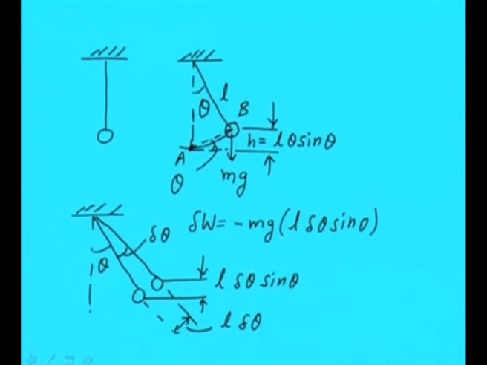Another term is, because this particular ball is having a rotational motion, so we have another component of the force that is tangential to the path here, that is tangent to the path at B, and that is m L theta double dot. So this is the tangential direction force, and this we know how much displacement we are giving when we are giving the virtual displacement.